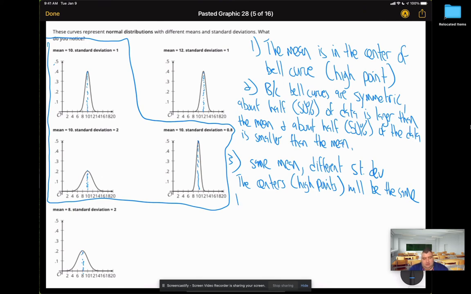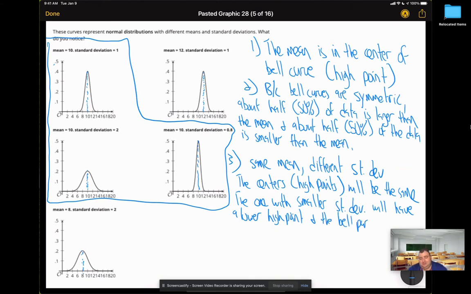The one with the larger standard deviation will have a lower high point, and the bell part is more spread out.